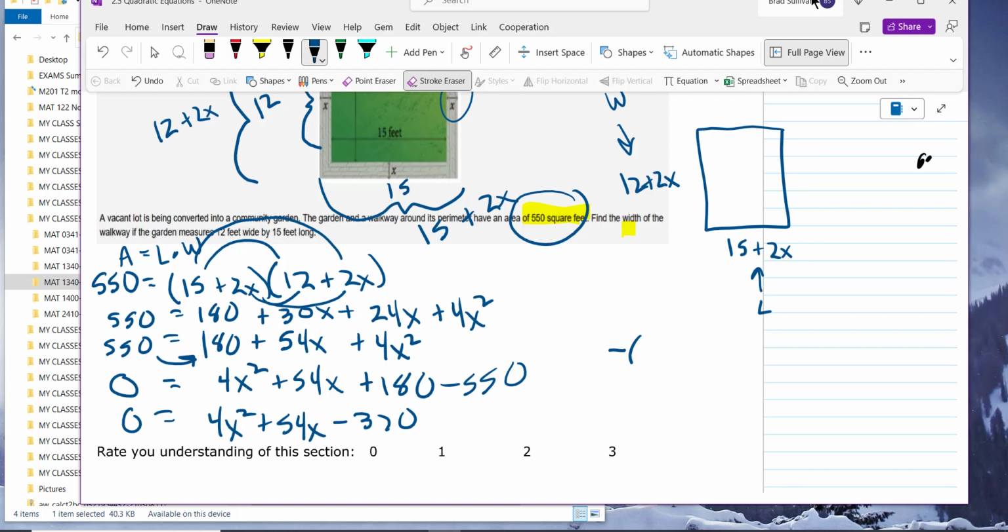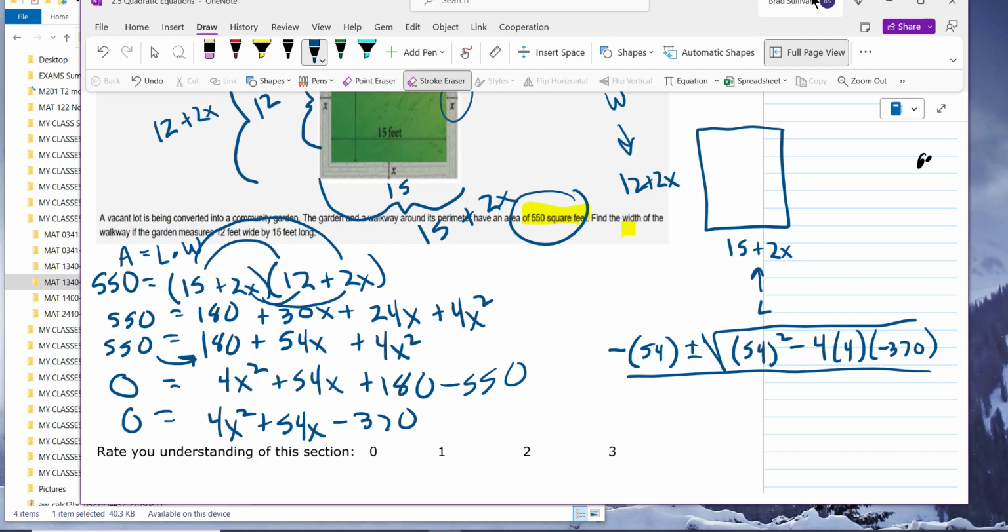We'll have negative b, so b is 54, plus or minus square root of b squared, so we'll have 54 squared. 4ac, a is 4, c is negative 370, over 2a, so a is 4, like that. Now you can do a few things on a calculator to speed you up a little bit on here if you want to.